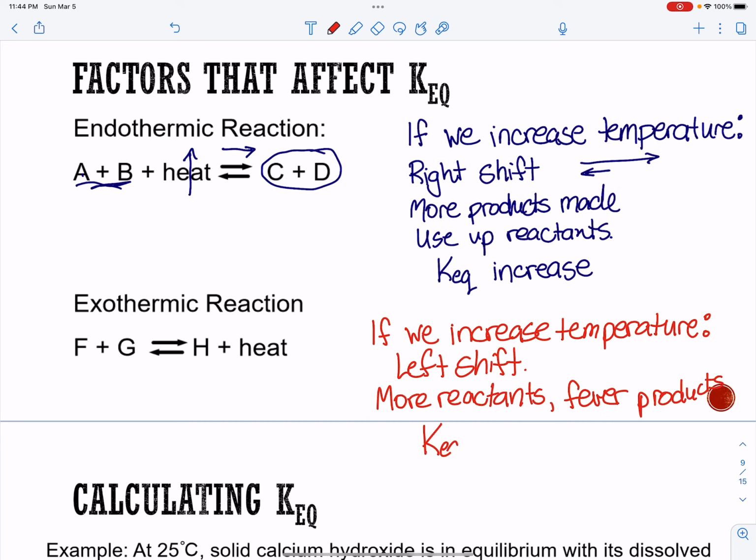That's going to cause our KEQ value to decrease. So depending on whether you have an exothermic or an endothermic reaction, it has the opposite effect when we raise the temperature up.